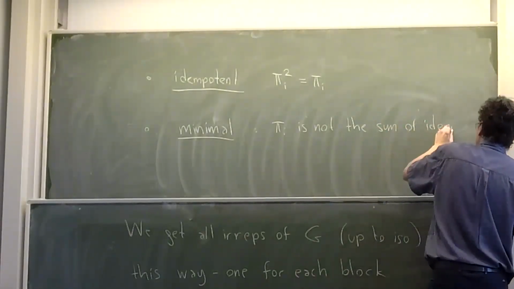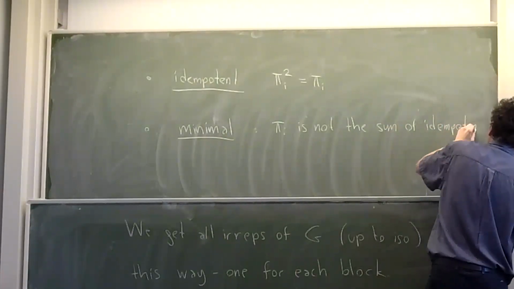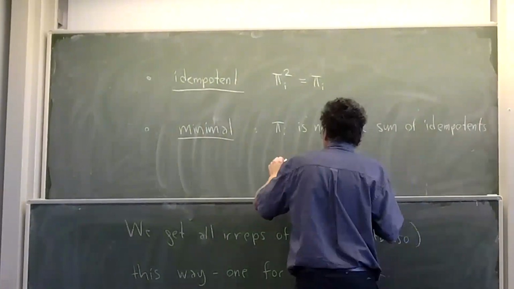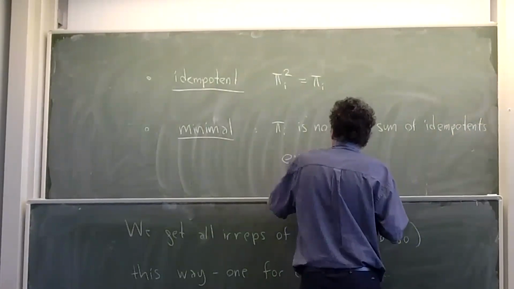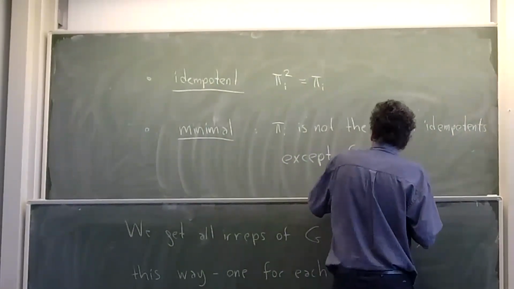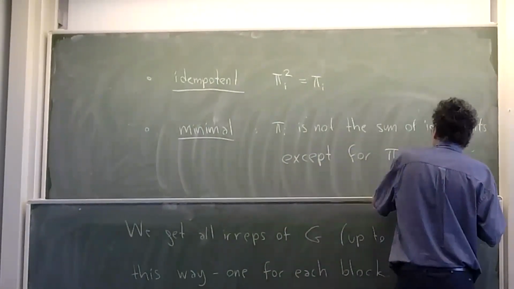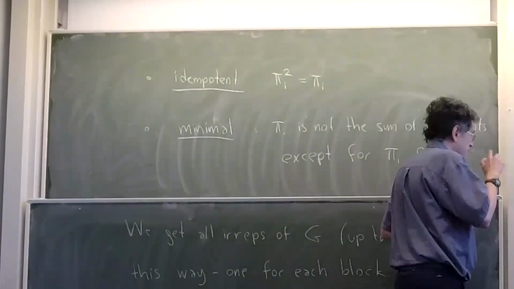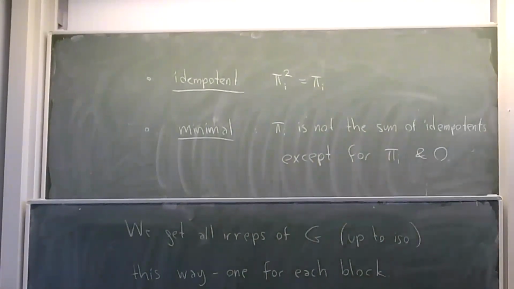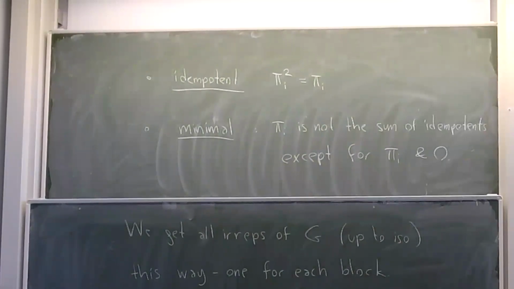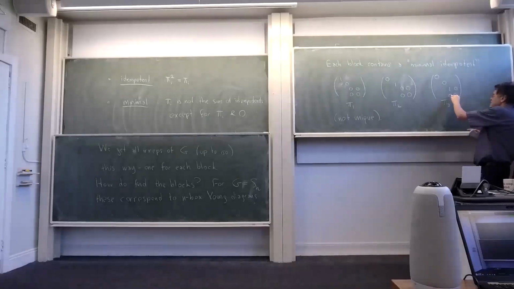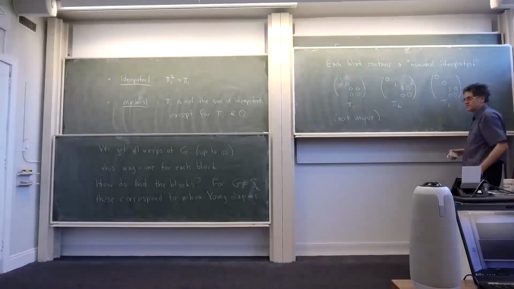More precisely, it's not the sum of idempotents except for itself and 0, where 0 is idempotent. So there would still be lots of choices. I want to keep emphasizing that except in these 1-by-1 block pieces, there are lots of choices.